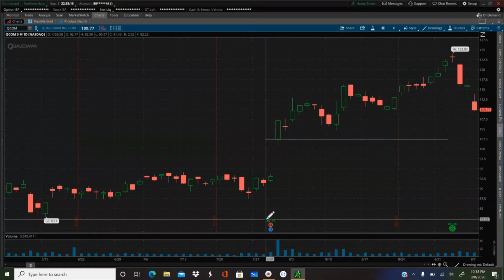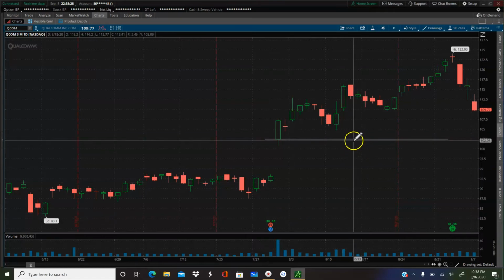You set your level, which will be your entry candlestick, and you give yourself a visual reminder, which is this trend line here. You say, okay, I'm going to stay in Qualcomm as long as this price action remains above this level right here, which is my entry candle.